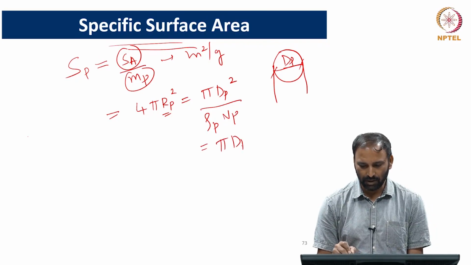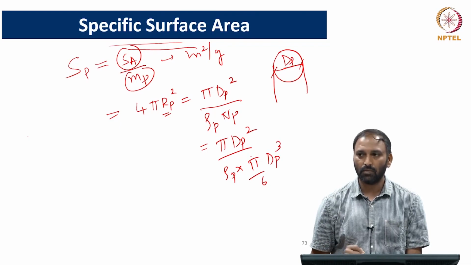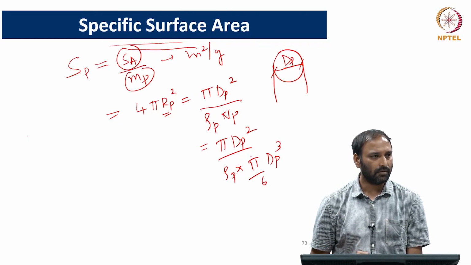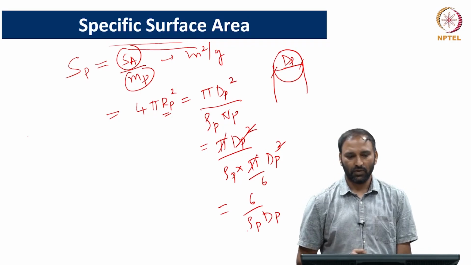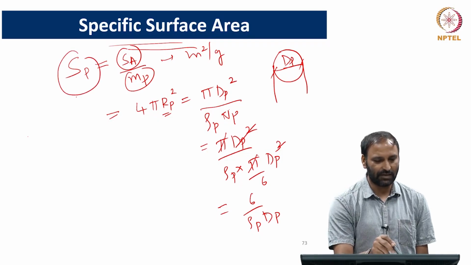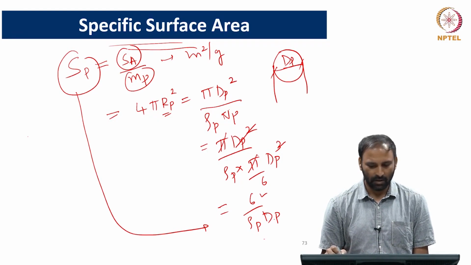So, this is pi dp square divided by rho p into volume of the particle, which is pi by 6 dp cube, right. Okay. So, that gets cancelled, that also gets cancelled. Therefore, this is going to be 6 by rho p into dp. So, for a spherical particle, your specific surface area is 6 divided by rho p into dp.